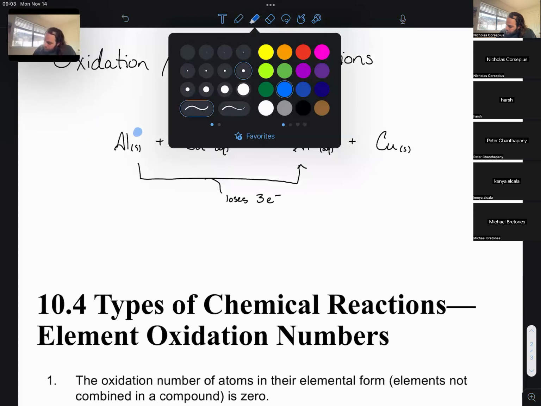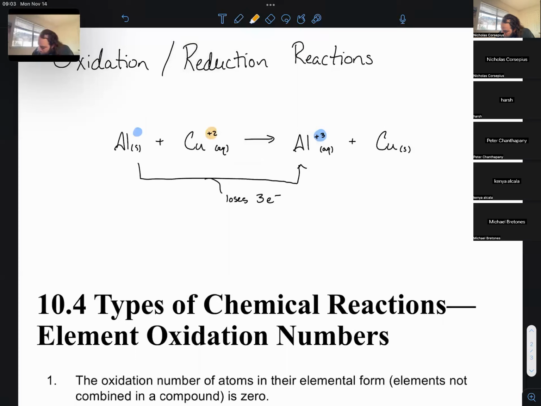And we can see our copper is going from being this charged copper ion to having a neutral charge. So the only way that's going to happen is if the copper gains, in this case, 2 electrons. So what's happening in this reaction is this exchange of electrons, right?